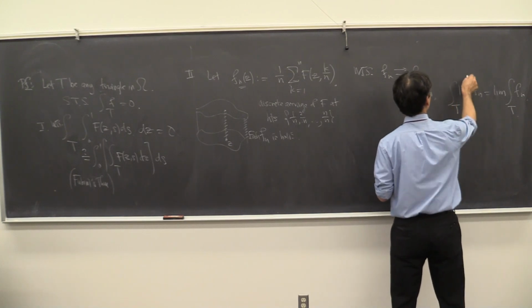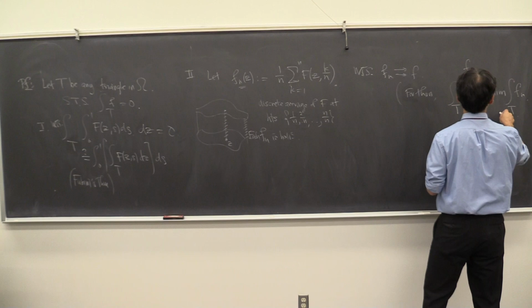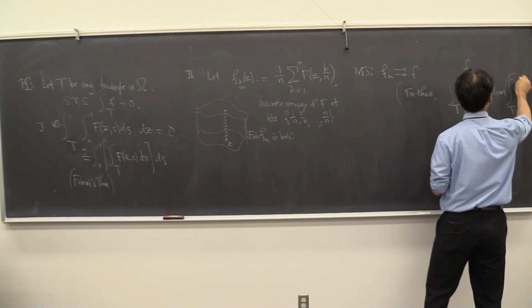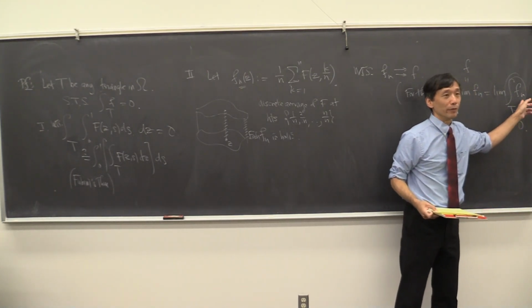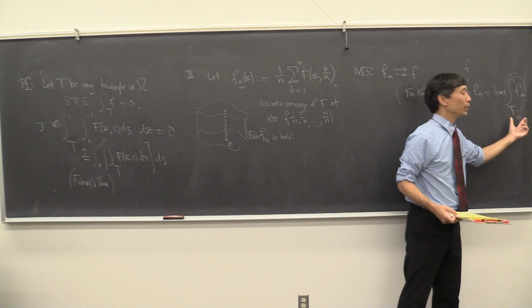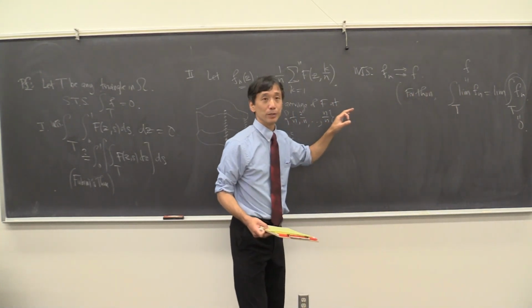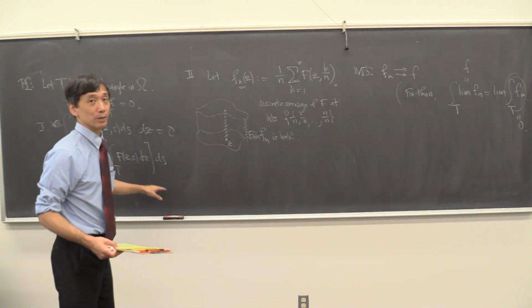Well, the limit is going to be f, and then the limit of each of these integrals is going to be 0, because each of these is holomorphic, so when you integrate them, you get 0. And so if we can show that we have uniform convergence, then we're done. By Morera's theorem, that gives this to us.